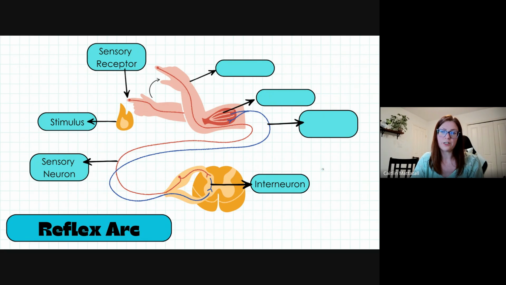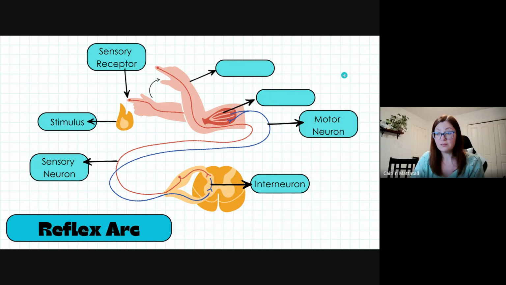And then the interneuron is sending that information to the motor neuron, not the brain yet, the motor neuron, which is the blue one right here. The motor neuron is connected to this muscle. In this case, it's your bicep and tricep muscles.